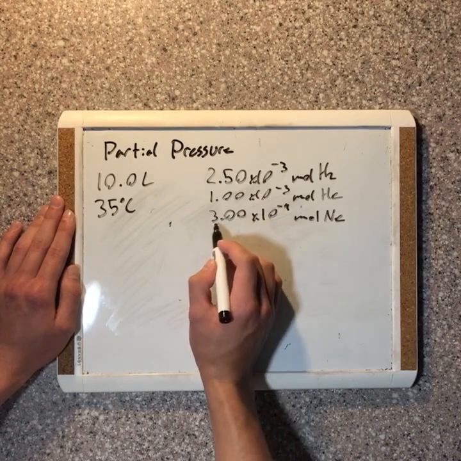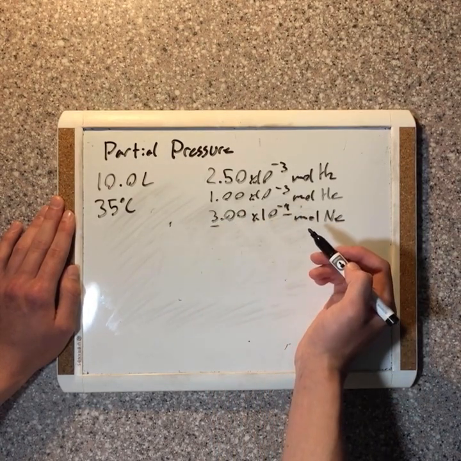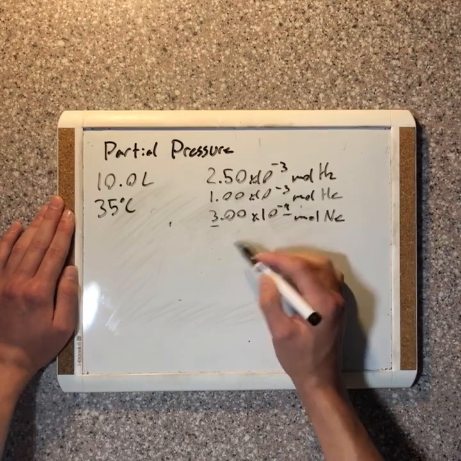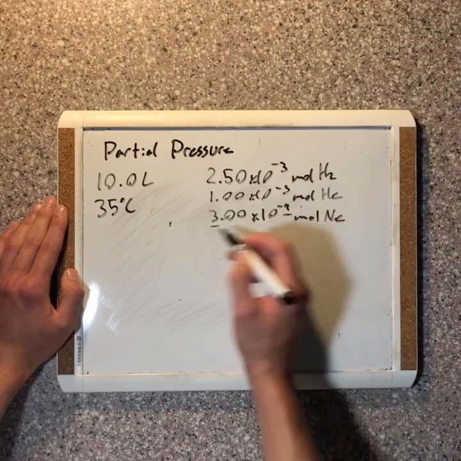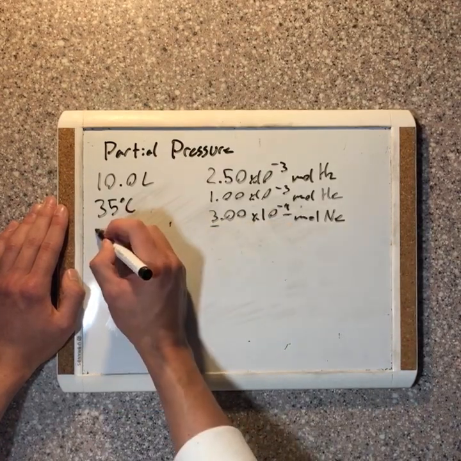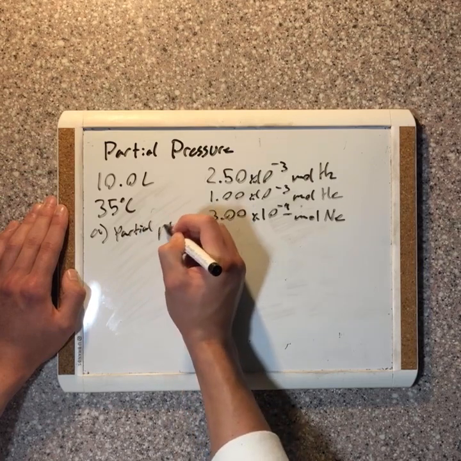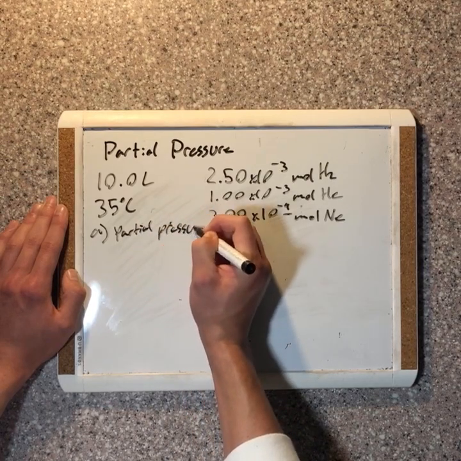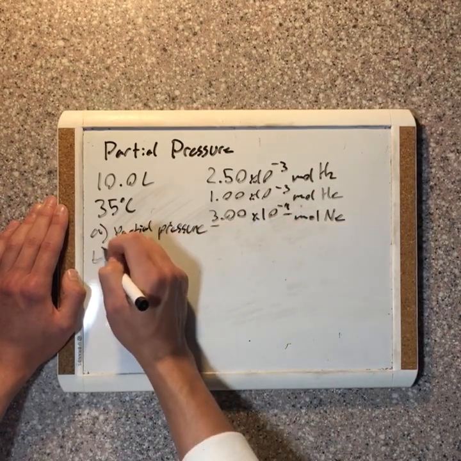So watch out, even though this is the biggest number, it's actually the smallest quantity. So that's one way they try and trick you. All right, and we have to find the partial pressures for each. So A is going to be partial pressure. And then we have to find the total pressure.